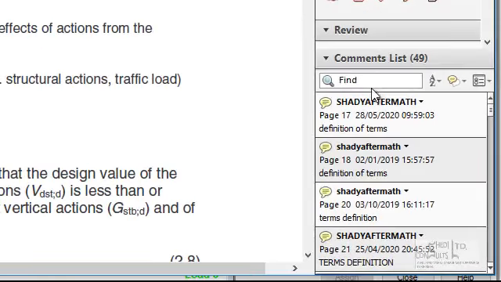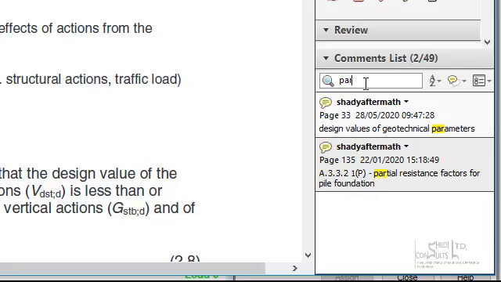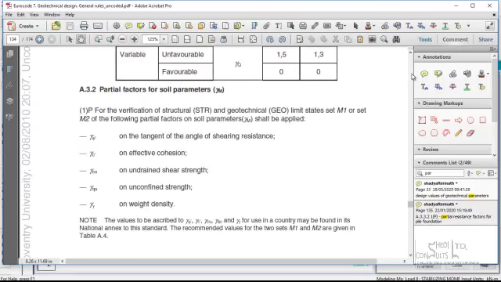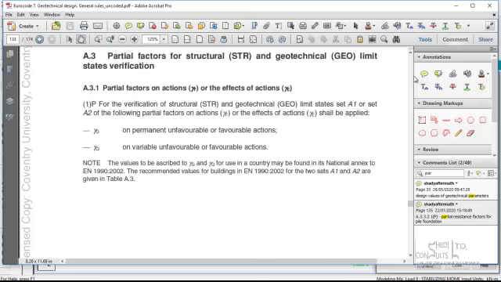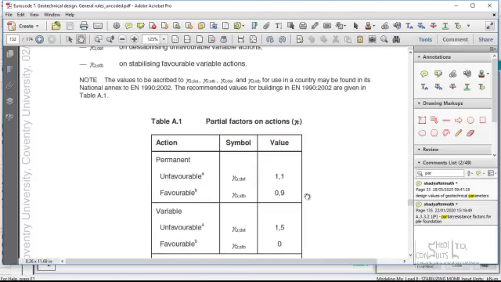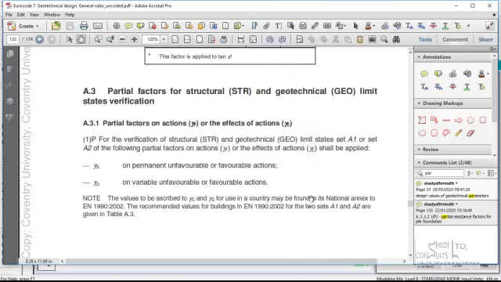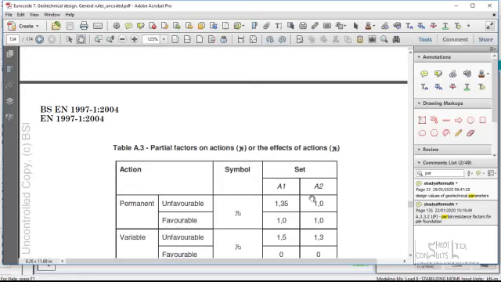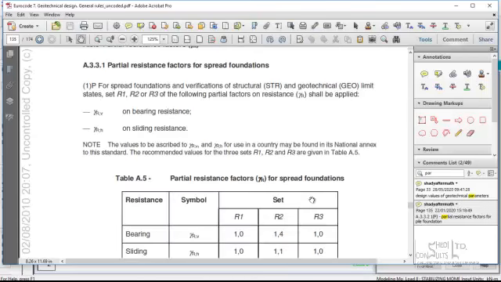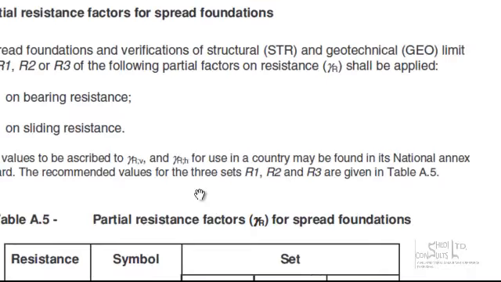So we need to go and get the partial factors. These are the partial resistance factors for sliding.